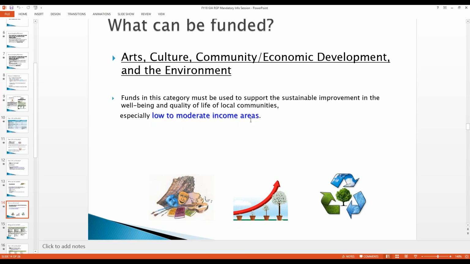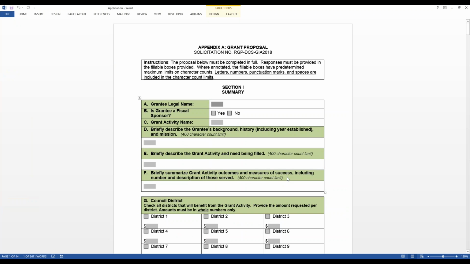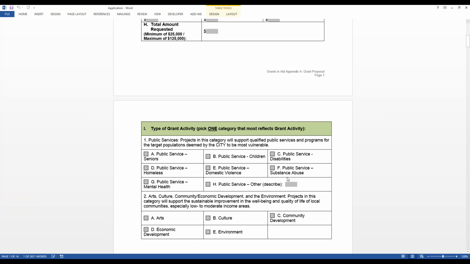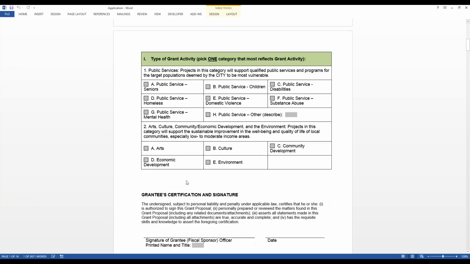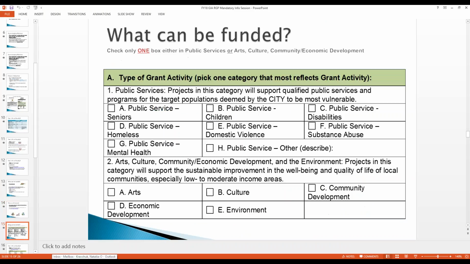Also, I would like you to look at page 2 of the grant application. Scroll down to the top of page 2. So we're looking at this table, and I'm going to go back to my slide just to keep myself on track. Same table from page 2 of the grant application.